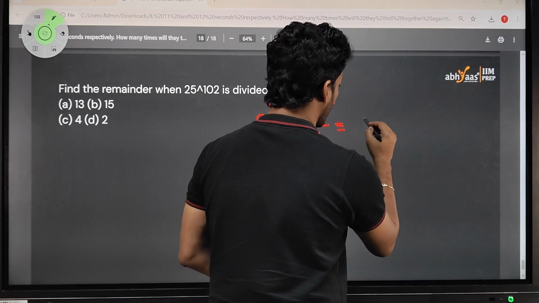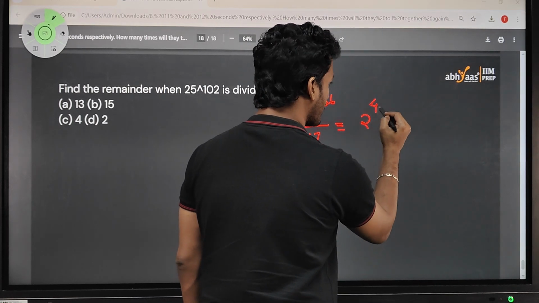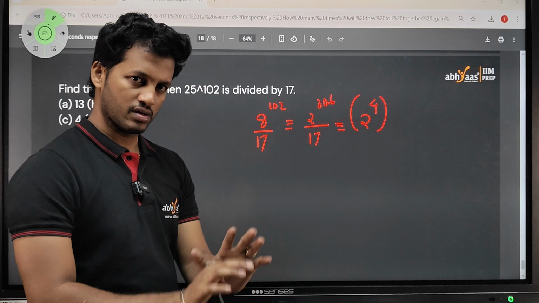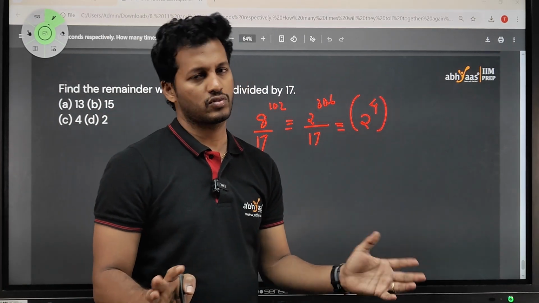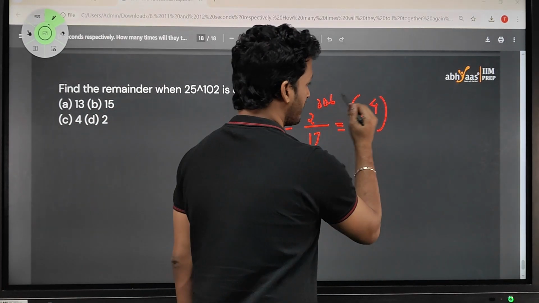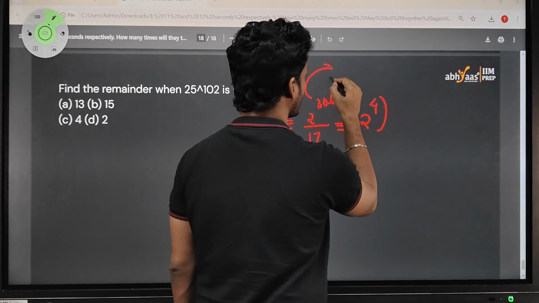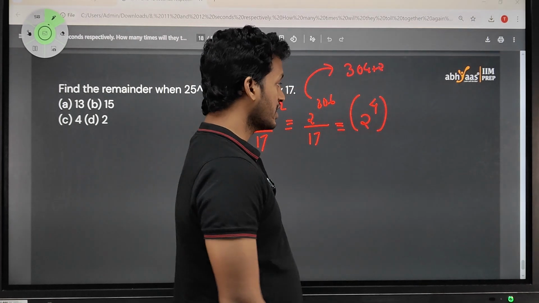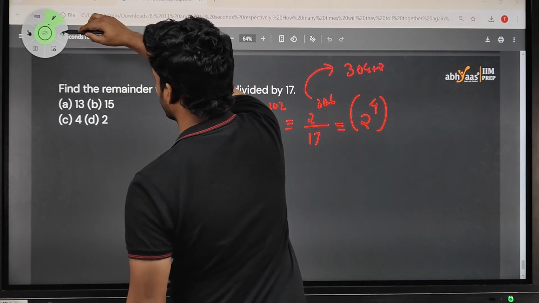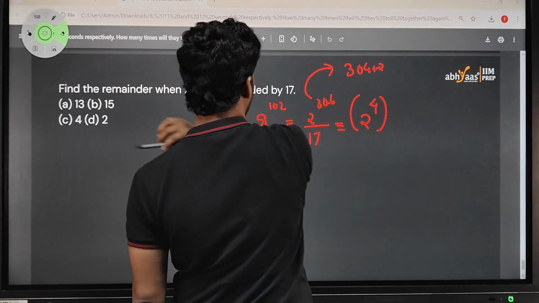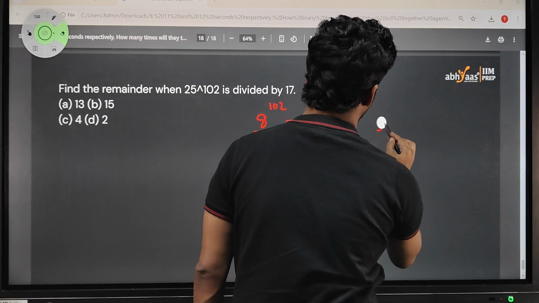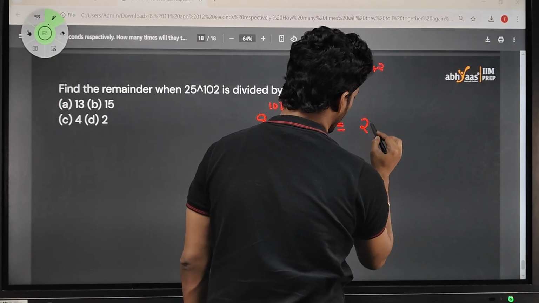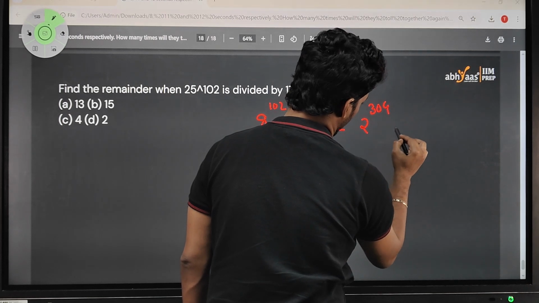How? Can I take 2 power 4 from this 306? Is 306 a multiple of 4? No. But if I express 306 as 304 plus 2, that means, let me rub this and say it clearly, I'll express this 2 power 306 as 2 power 304 into 2 square.